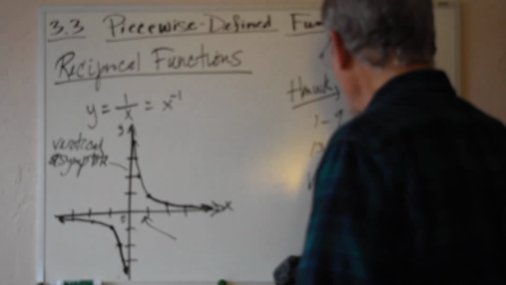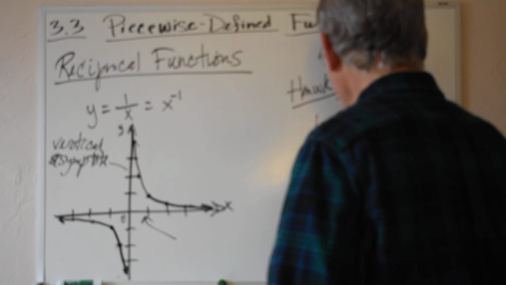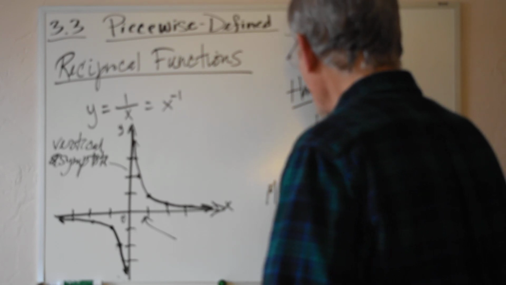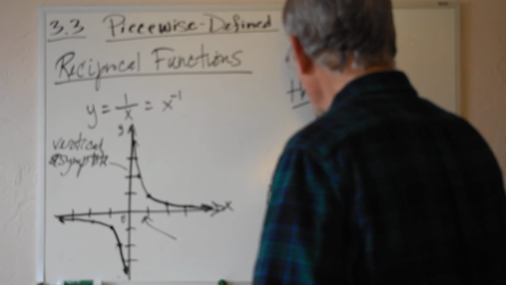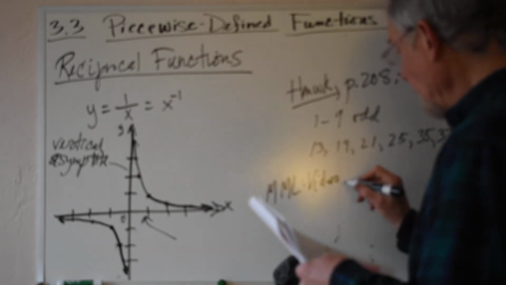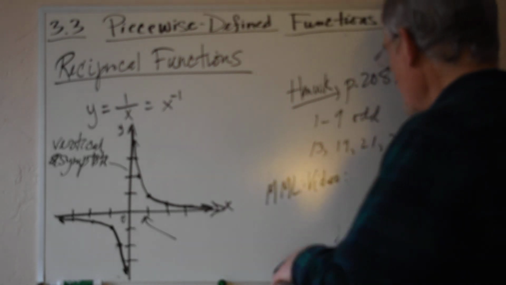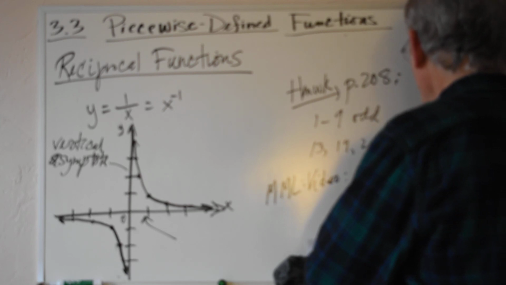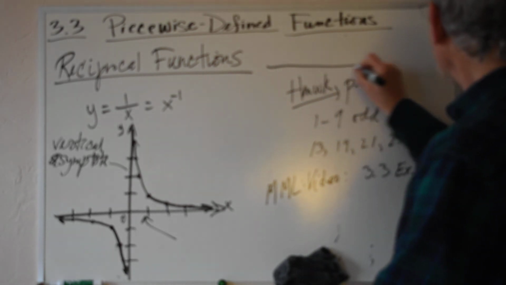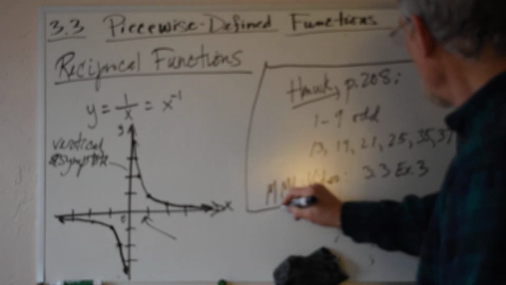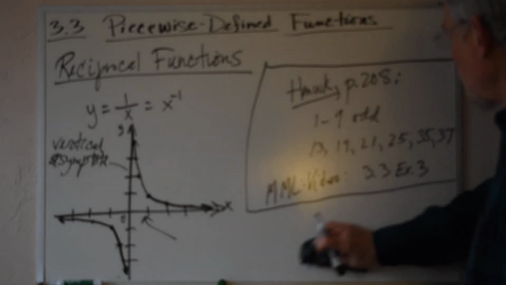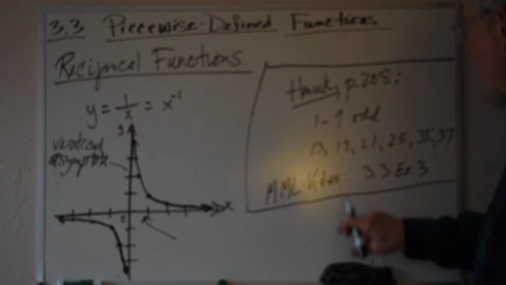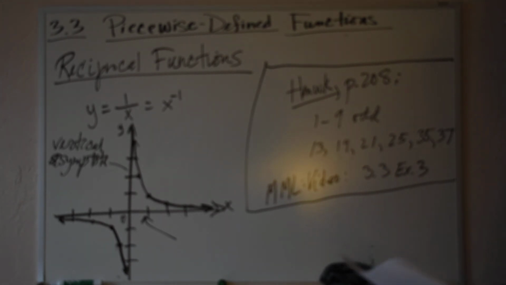And there's also a video that I have assigned in my math lab. The video is named 3.3 Example 3. And it shows an example of using a piecewise defined function to model a real life problem.